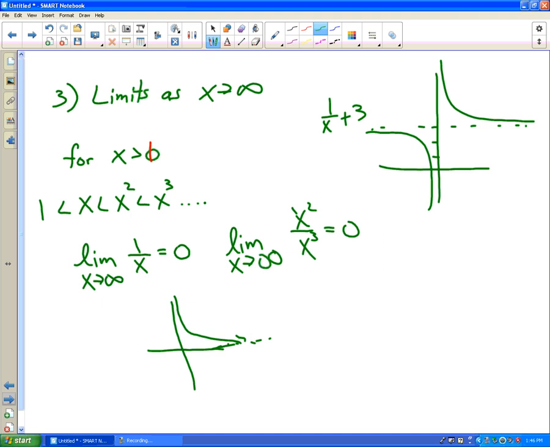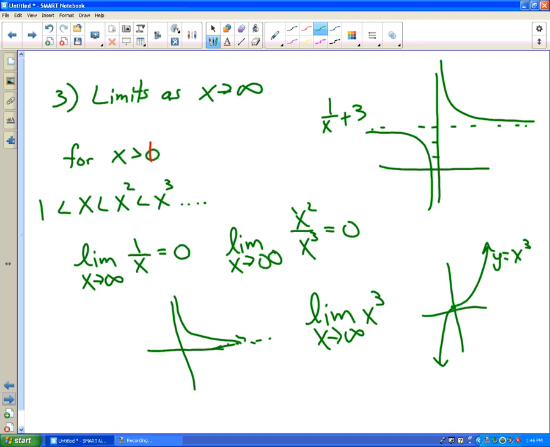Okay, if we think of the x cubed function. If we think about the graph of the x cubed function, the x cubed function looks like that.